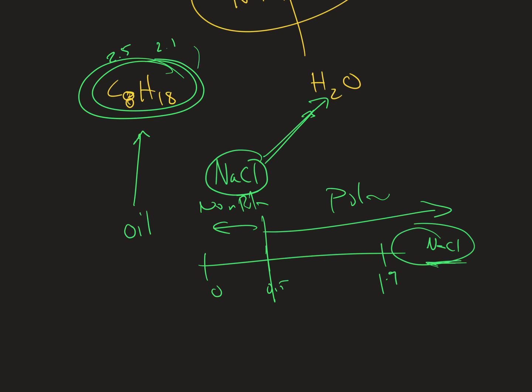Because who wants to draw the structure and the molecular geometry for that one? Not me. It's really not that hard once you take organic chemistry, but we don't. Okay? Making sense? Or am I scaring you more? A little bit? Okay.